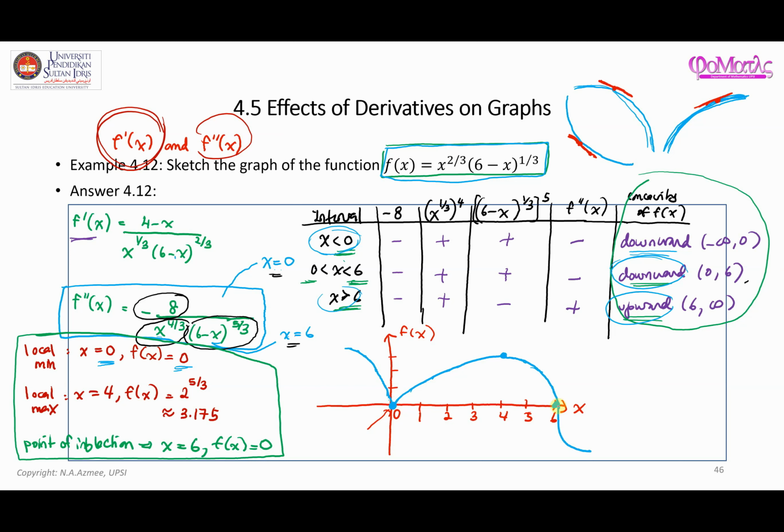The reason why it is not differentiable at this point is because you have a vertical tangent over here. If you don't remember why it is not differentiable, you have to refer back to the previous lecture note about the situations where f(x) is not differentiable.